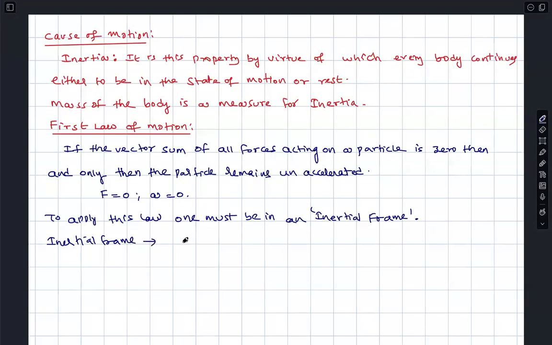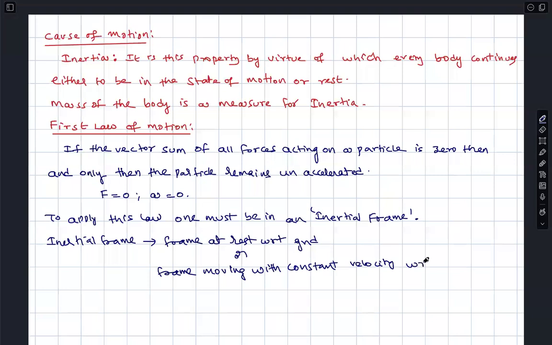Inertial frame: at rest with respect to ground, or frame moving with constant velocity, with respect to ground. So this is inertial frame.